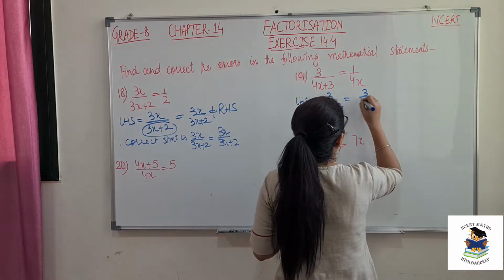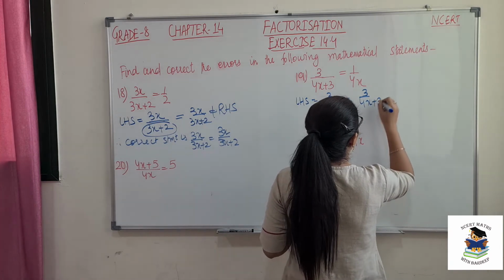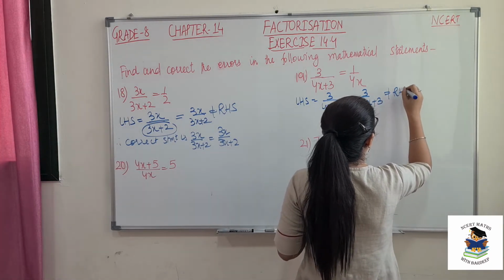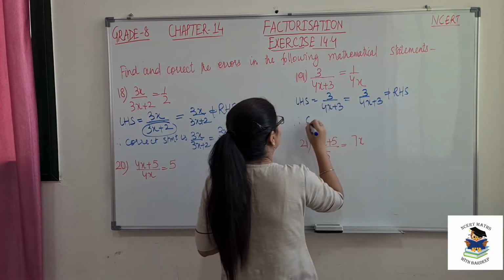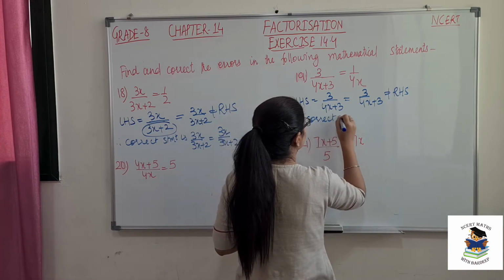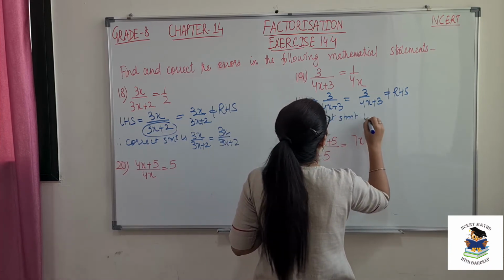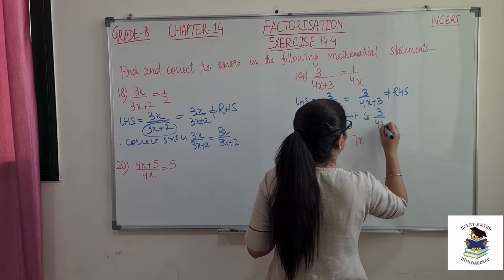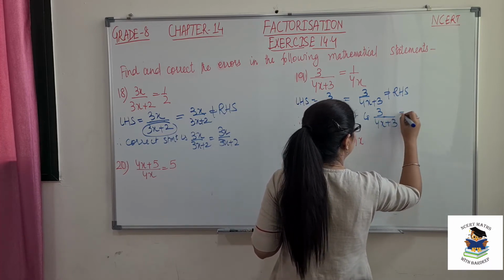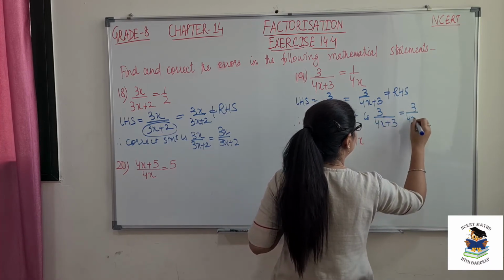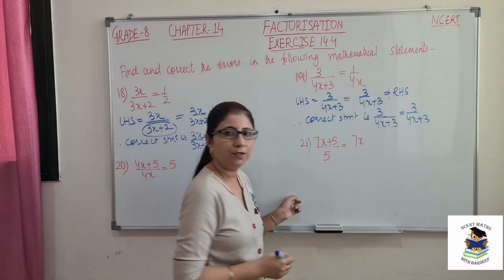It will be kept as it is. So this is not equal to the right hand side. The correct statement is 3 over 4x plus 3 is equal to 3 over 4x plus 3.